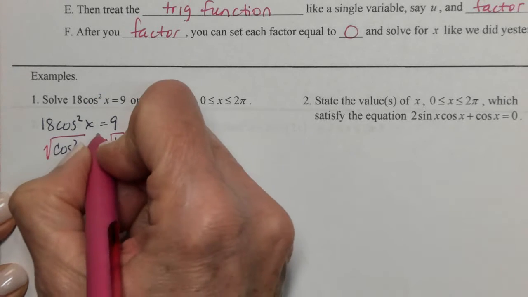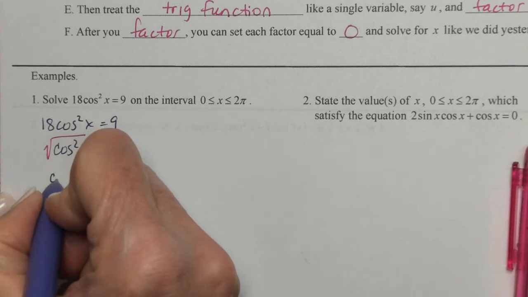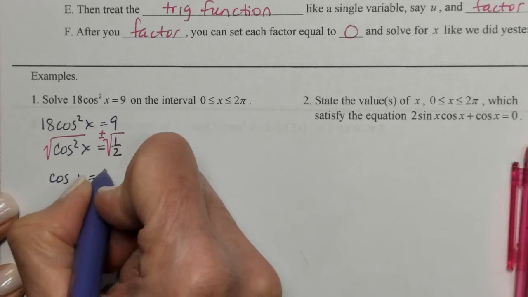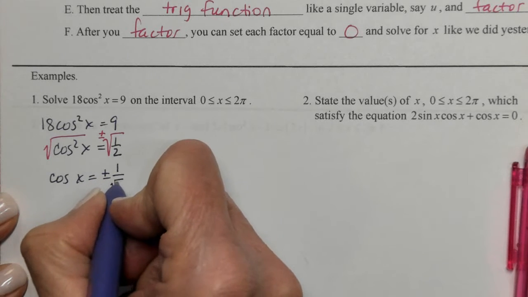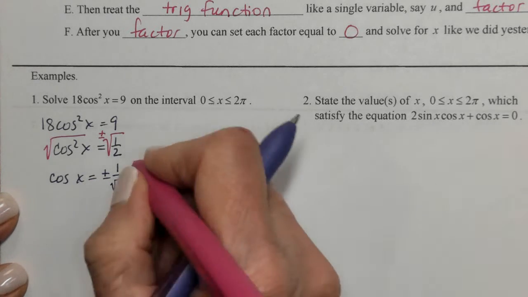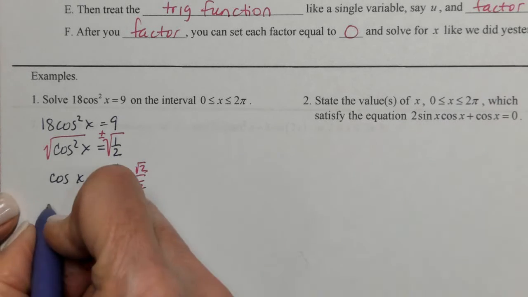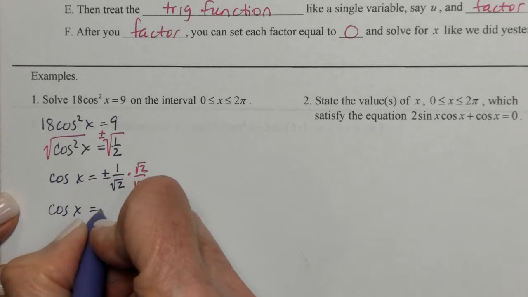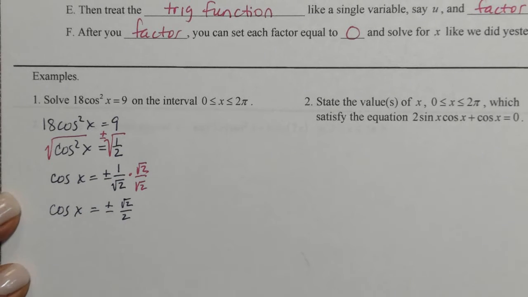When you square root both sides, don't forget your plus or minus. So this will give us cosine of x is plus and minus the square root of 1 divided by the square root of 2. And if we rationalize that denominator, it becomes more familiar to us. Cosine of x is plus or minus square root of 2 over 2.